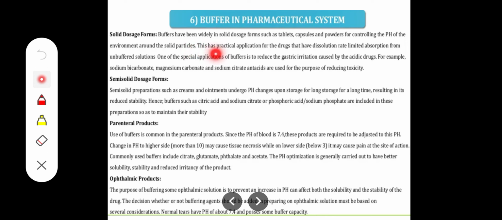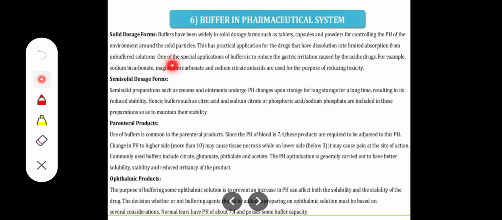This has a practical application for drugs whose dissolution rate limits absorption from an unbuffered solution, right? If it is an unbuffered solution, the dissolution rate matters, because some drugs have to dissolve in the stomach, some in the intestine, so that also has to be thought through properly.